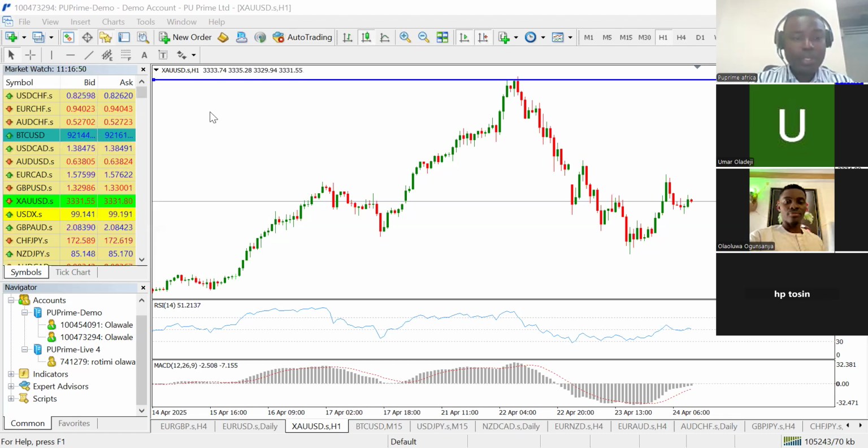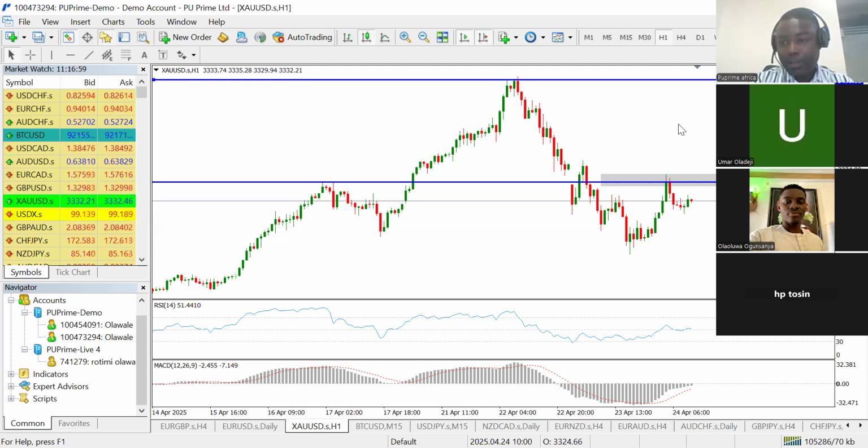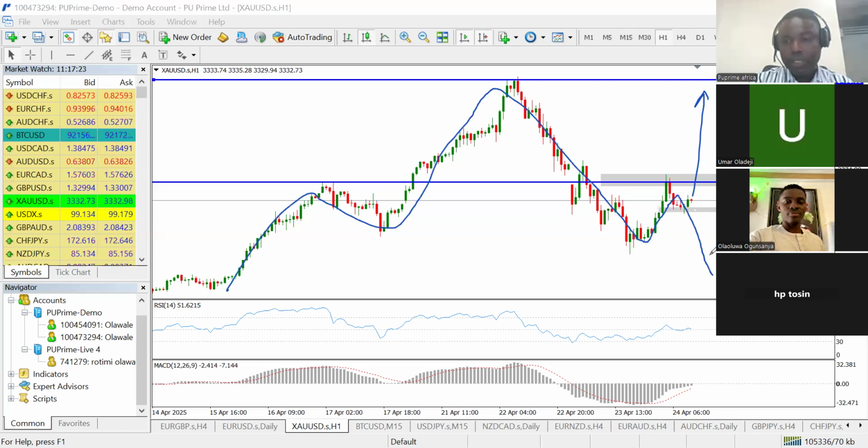If price breaks out above this high, that's around $3,357 per ounce, then it means we will see a further bullish movement on gold. And if price breaks out below this recent low, it means on the big picture, the head and shoulder might be taking effect for a drop.